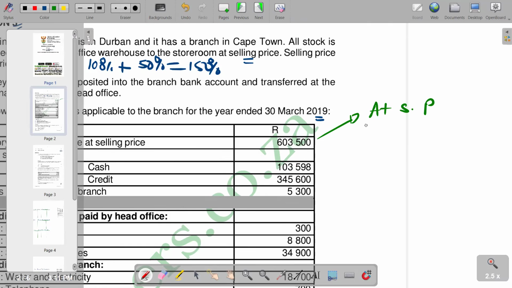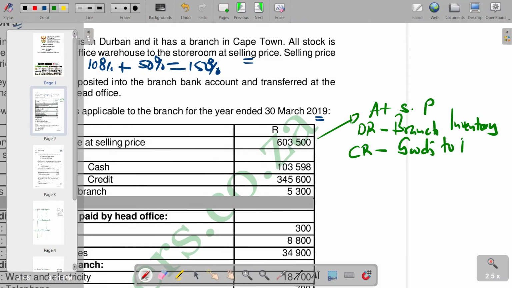So we are going to debit branch inventory, and then we credit goods to branch. So that's the first double entry that we have, the double entry done at selling price.